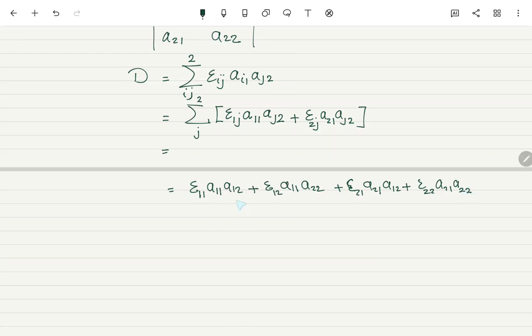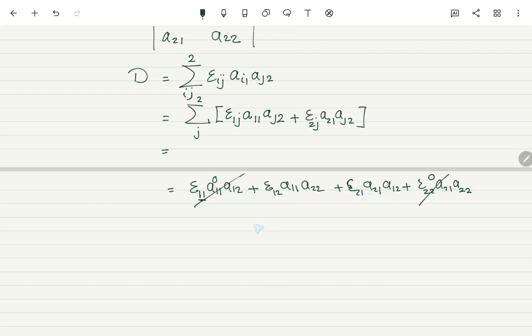Now this first one, because of the repeated index, will be 0, and because of the repeated index 2, this last one will be 0 as well. Now in this one, it's 1, 2, so it's positive, and this one, 2, 1, is negative.